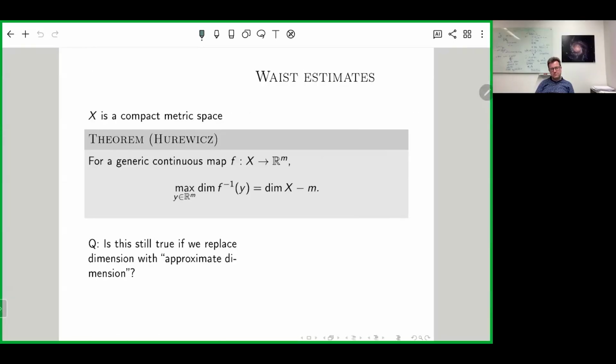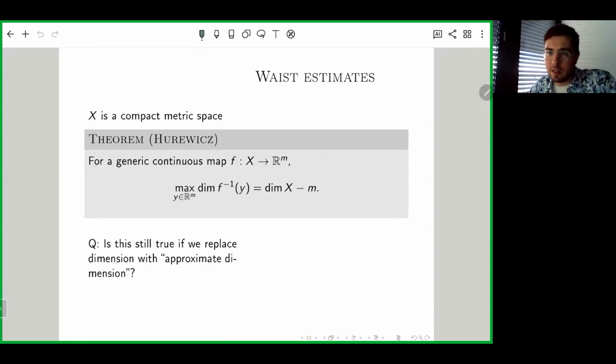And then the question that I formulated in the previous slide is basically: is this result robust if I replace the dimension with approximate dimension? And again, by approximate dimension, I mean, everything is metaphorical in quotes here. So let's say that something is approximately d-dimensional if its d-width is small.